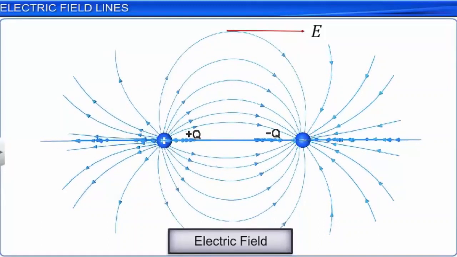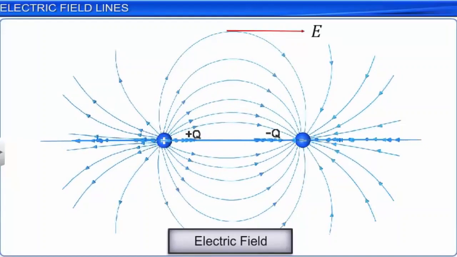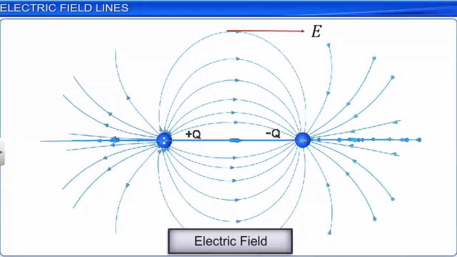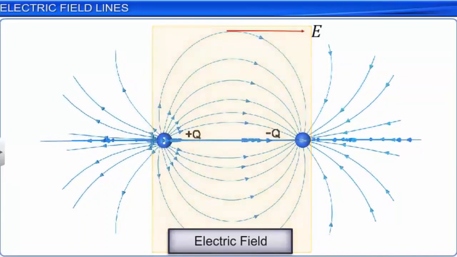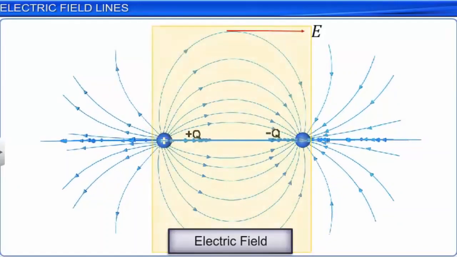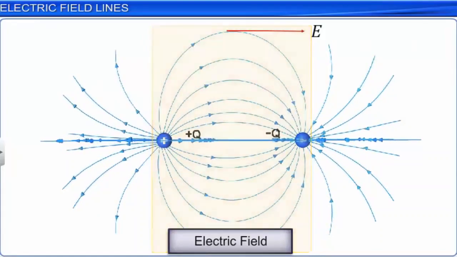For the electric field created by a system of positive and negative charges, the field lines begin at the positive charge and end at the negative charge, since the field lines diverge normally from a positive charge and converge normally at the negative charge.